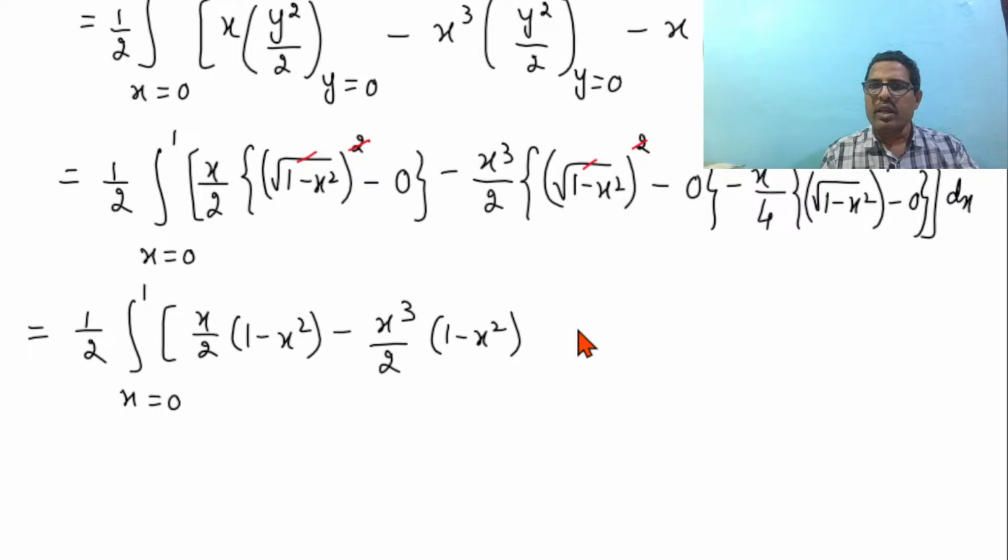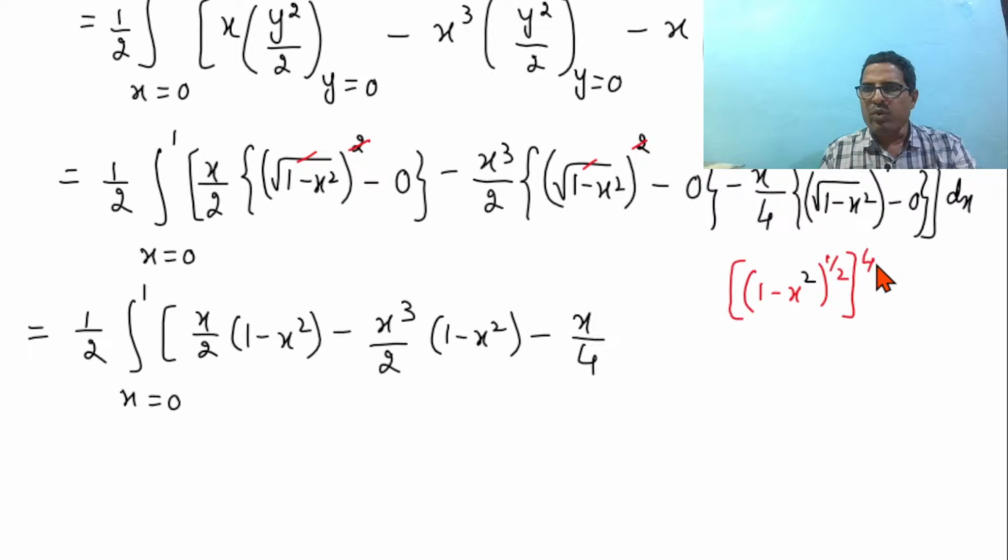You can see that this root of 1 minus x square, I will just try to show it over here, this root represents 1 minus x square, right, to the power of half, and that is raised to the power of 4.